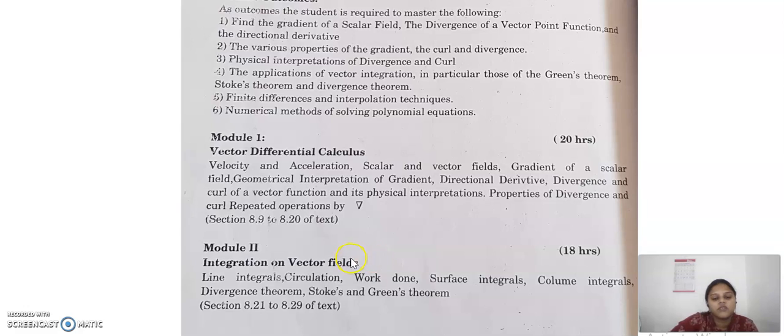We will learn how to evaluate these integrals, how they differ from usual integration, and how to evaluate them. Then we will see three standard theorems: divergence, Stokes and Green's theorem, which give a connection between single, double and triple integrals. So we can connect these various integrals.